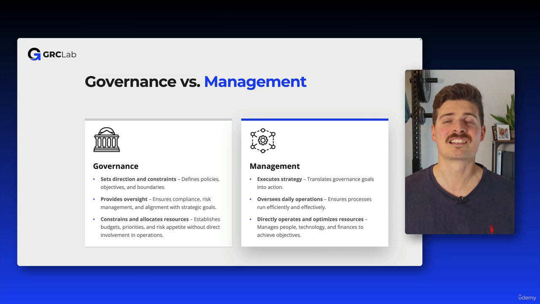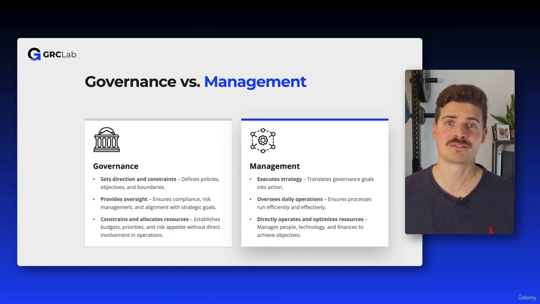Management, on the other hand, is more hands-on. It's about directly guiding, controlling, and evaluating an organization by arranging and using resources effectively. Managers take the rules and goals set by governance and turn them into action. They oversee teams, allocate resources, and ensure daily operations run smoothly.